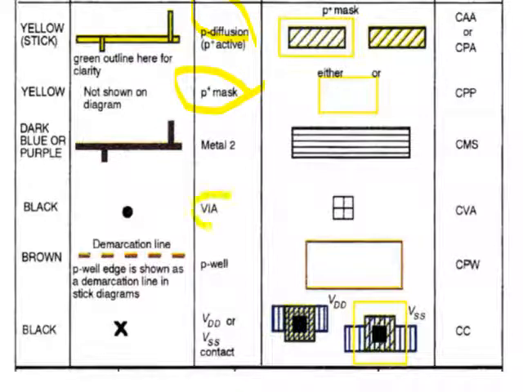And via is nothing but whenever we want to switch over from one layer to another layer, at that time we use via. All these things can be very easily understood if we go through some simulation tools like Cadence or any other freely available tool like Microwind, etc.